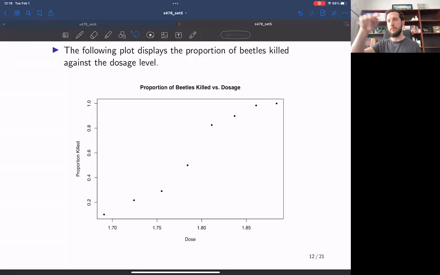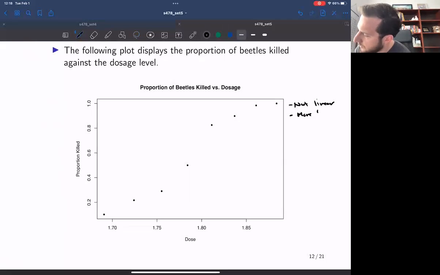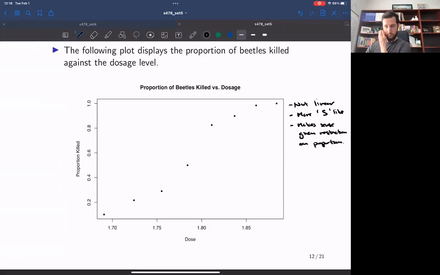So you would expect kind of an S-like shape given the restrictions that are placed on those proportions.